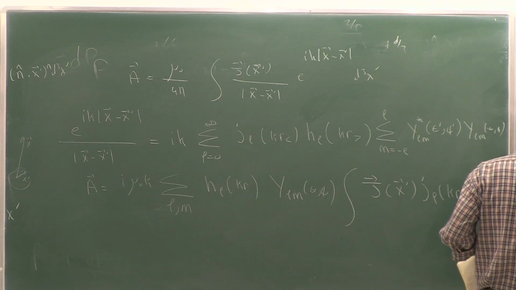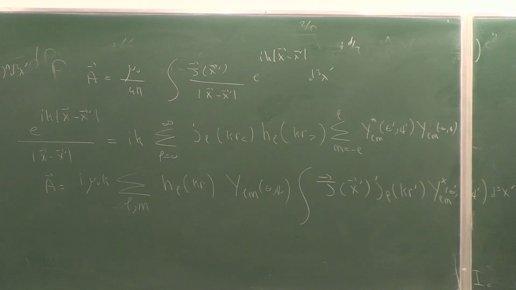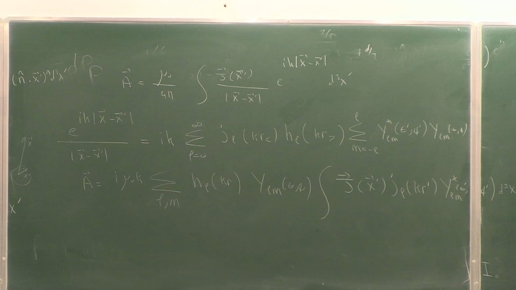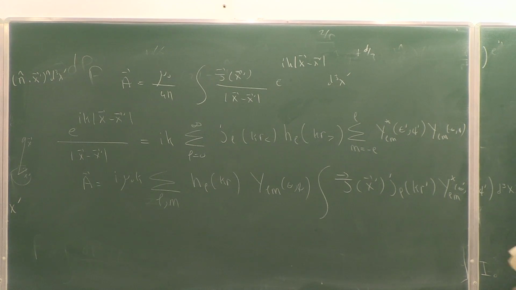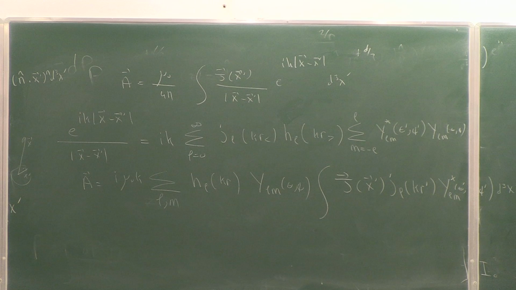So at this point, just follow the simple calculation. We will get a vector potential in that form. Just wait and see, in a moment we will get the result.